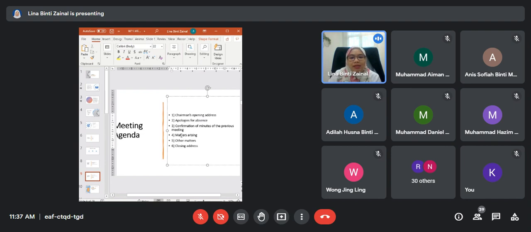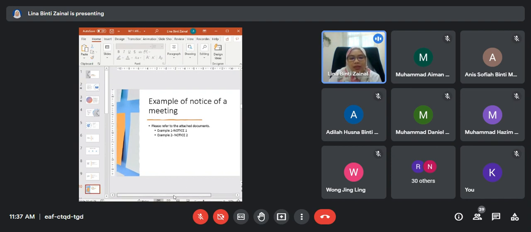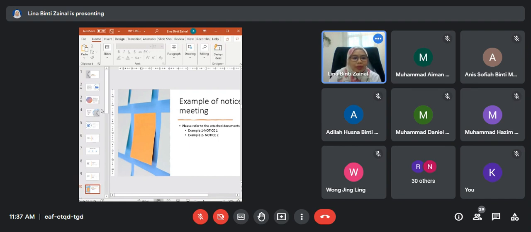Matters arising is the main items that you are going to discuss, and other matters is matters that are not part of the main agenda, the main things that you want to discuss. Alright. Okay. Example of notice of a meeting is included. You can refer to your Google Classroom for it.